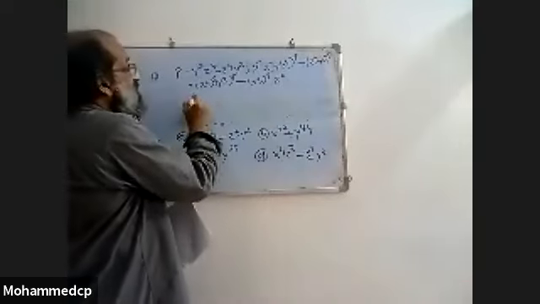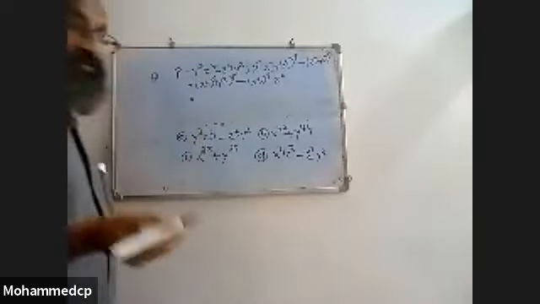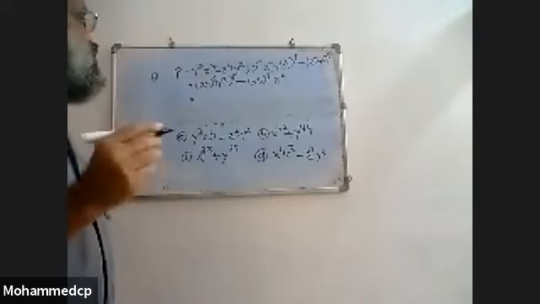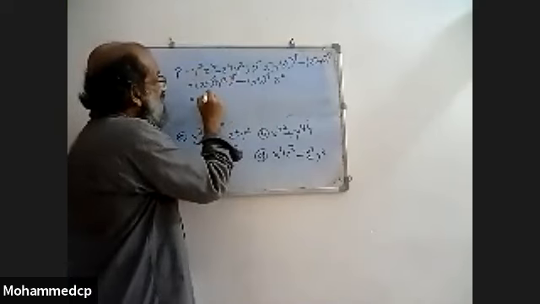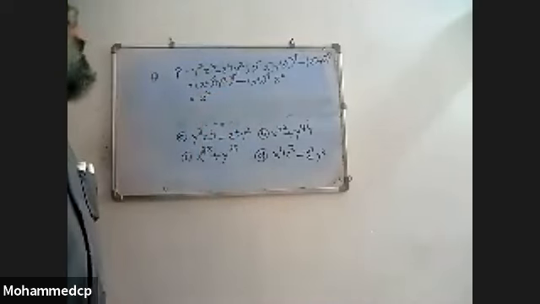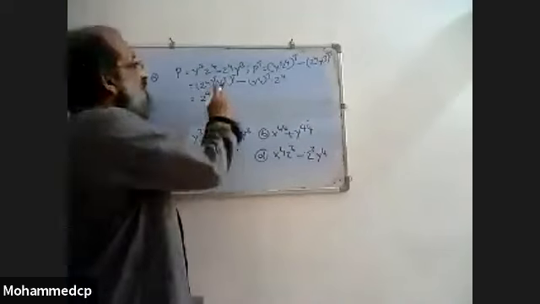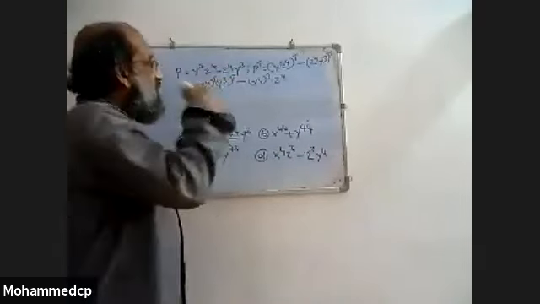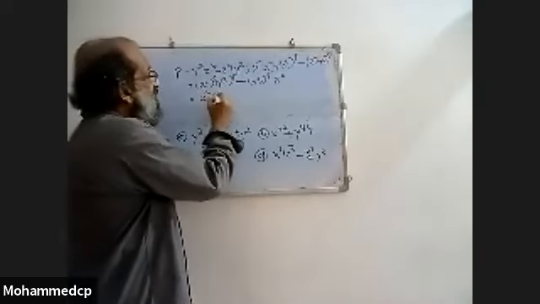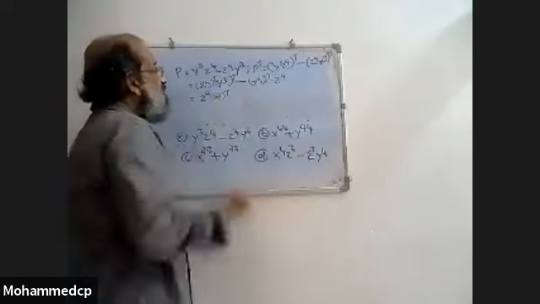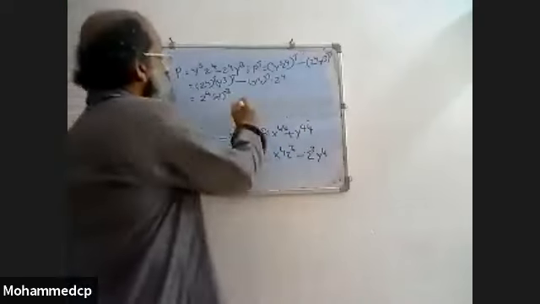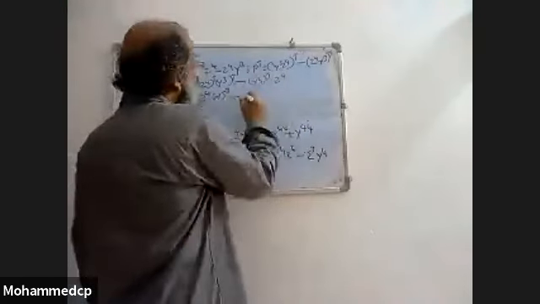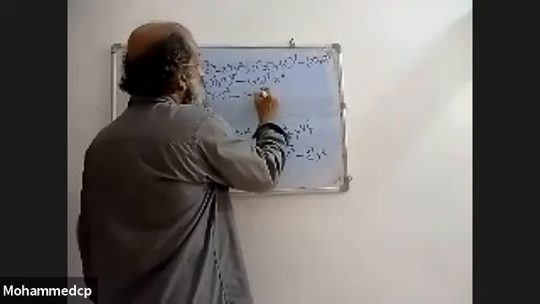Z raised to 4 transpose is Z transpose raised to 4, and Z transpose is Z itself, since Z is symmetric. And Y cube transpose is Y transpose cube, and Y transpose is minus Y, therefore minus Y raised to 3. Minus Y cube transpose is again minus Y cube.